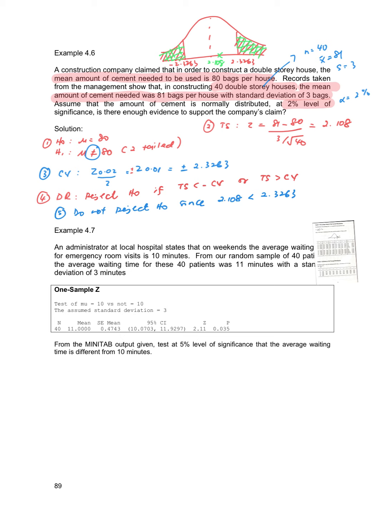So there is no significant evidence to conclude the mean amount of cement needed to be used is different from 80 bags per house.